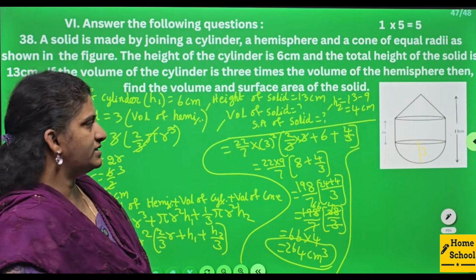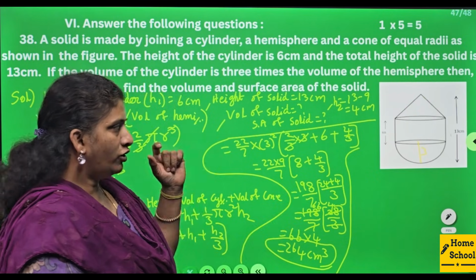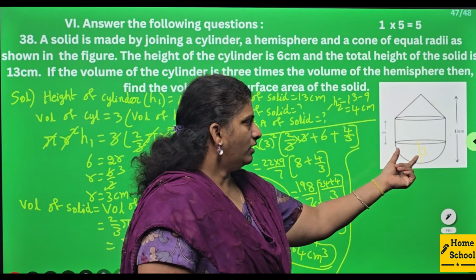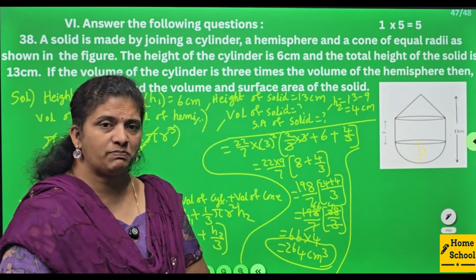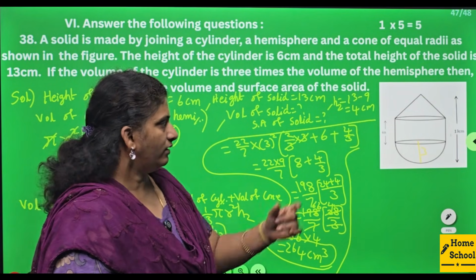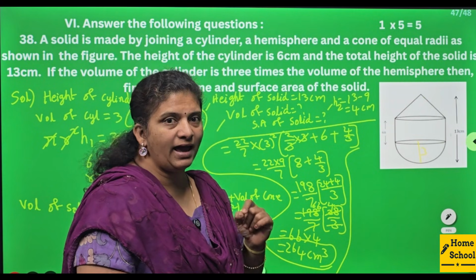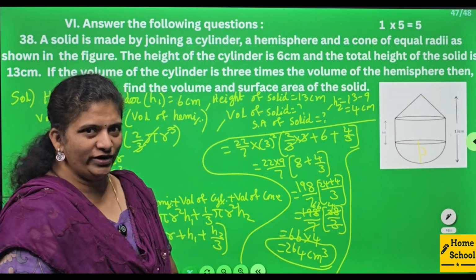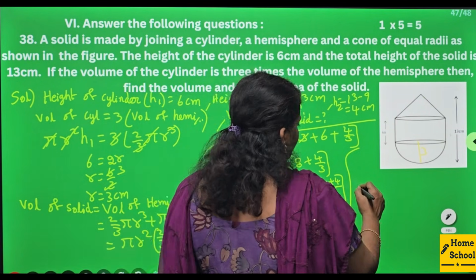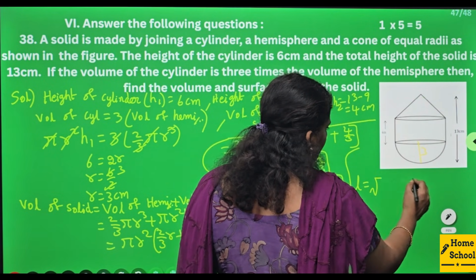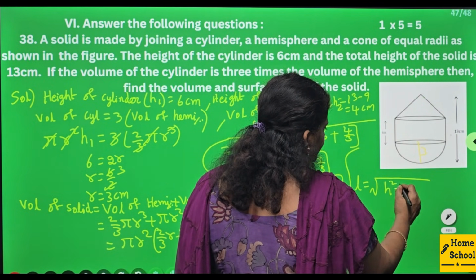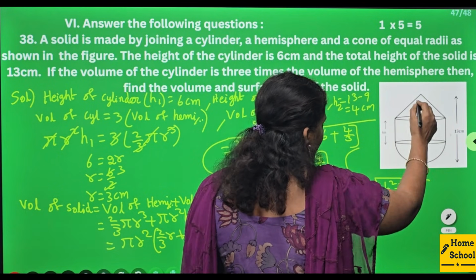Next, we need to find the surface area of the solid. In order to find surface area of the solid, what is surface area of a hemisphere? 2 pi r square. Cylinder 2 pi r h. Cone pi r L. Do we know L? No, we don't know. First, let us find the slant height. L is equal to square root of h square plus r square.